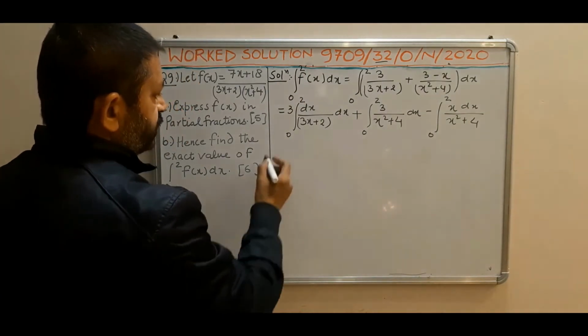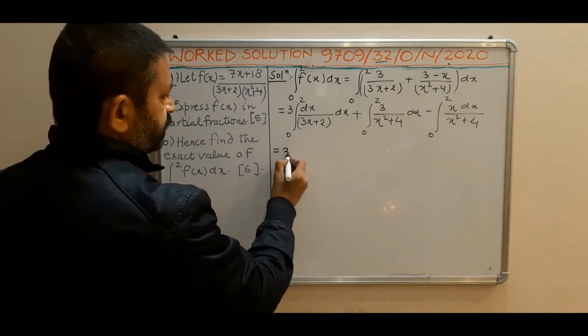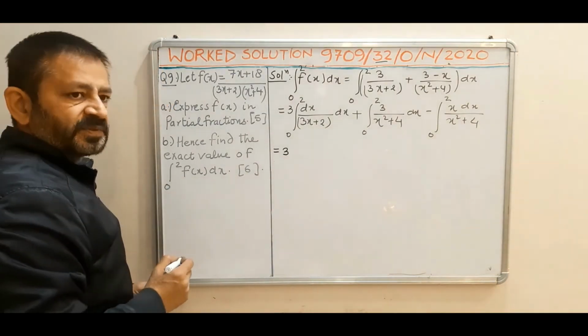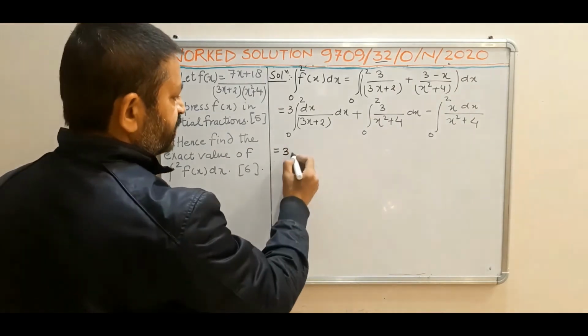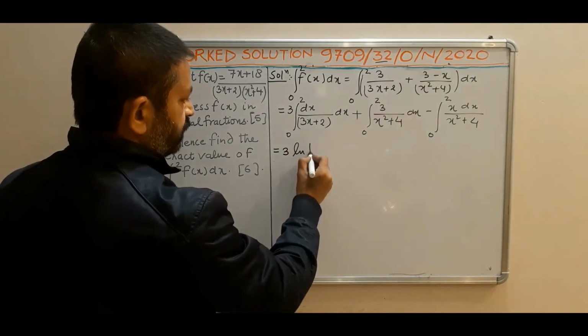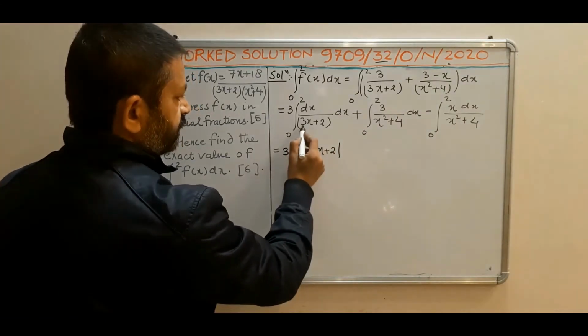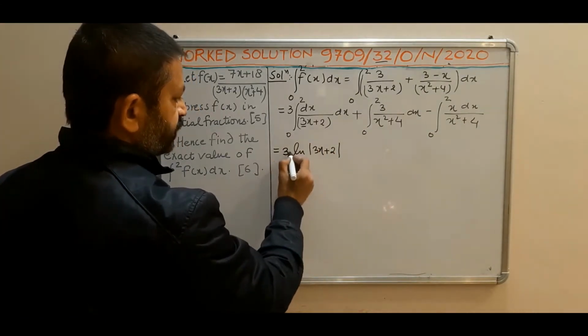For this integration, 3 constant, integral of 1 upon (ax + b) is ln(ax + b), so it will become ln(3x + 2) divided by this coefficient, that is 1 upon 3.